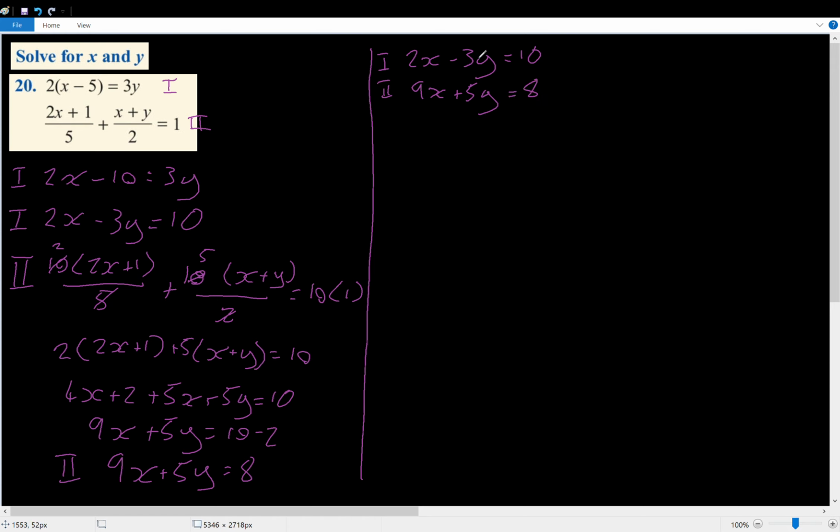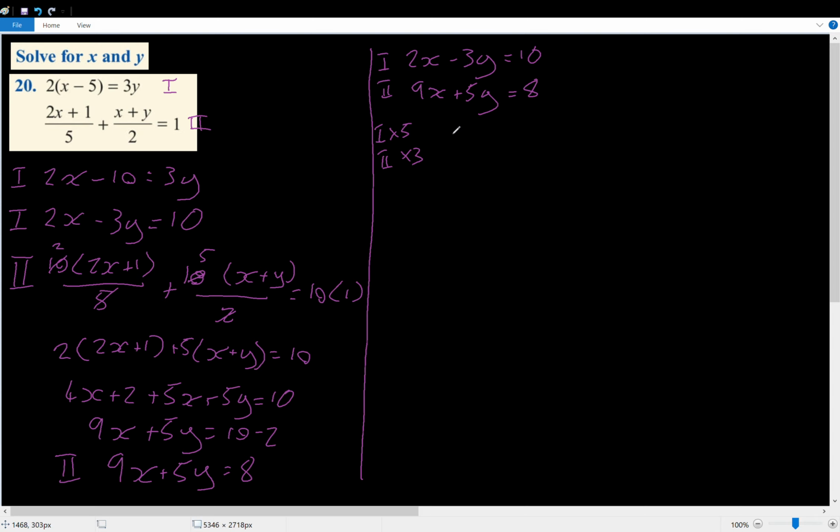Now we want to get the number in front of both of the x's or both of the y's to match. And then we also want them to have different signs. So the easiest way to do this now would be if we try and match the y's. So we're going to multiply equation 1 by 5, and we're going to multiply equation 2 by 3. And that's going to give us a minus 15y on the top and a plus 15y on the bottom.